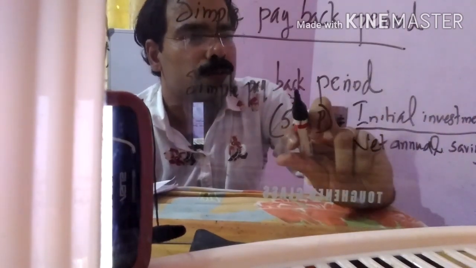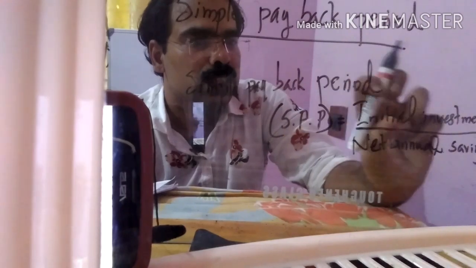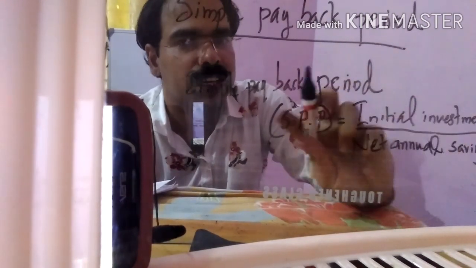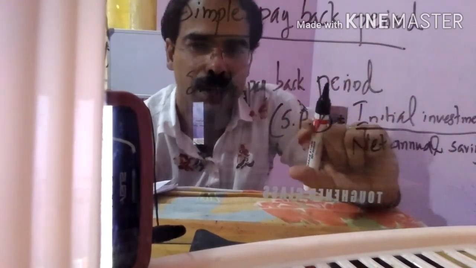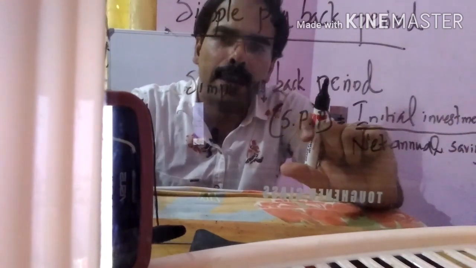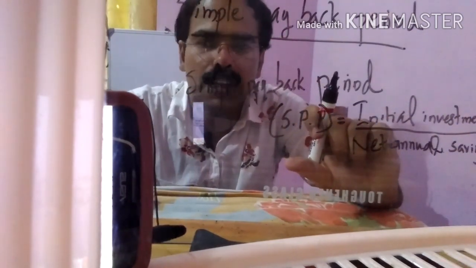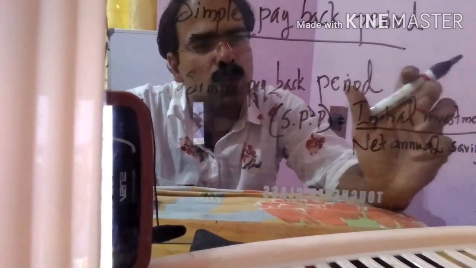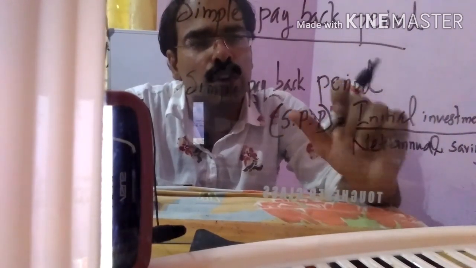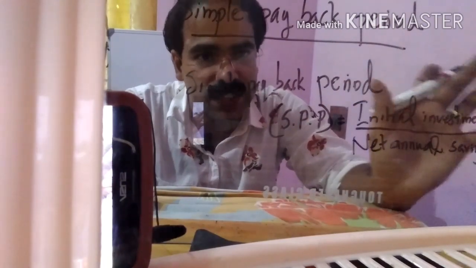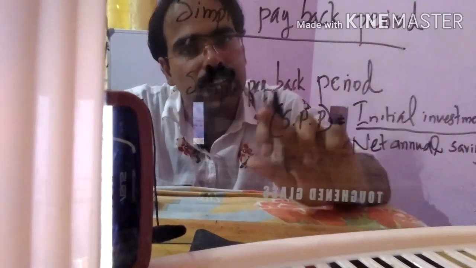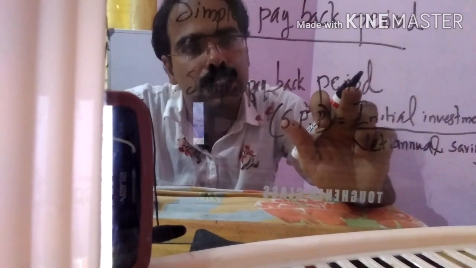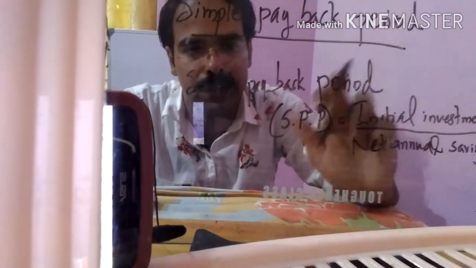If we divide the initial investment by the net annual saving, we can find the simple payback period. That is the time period required to recover the initial investment, that is, how many years we need to wait in order to recover it.